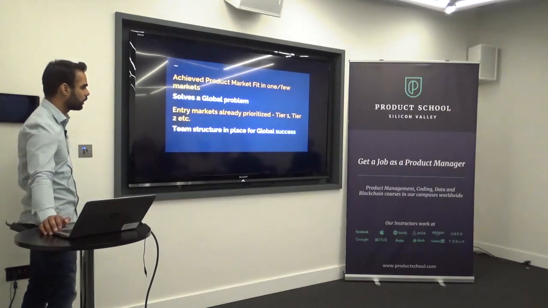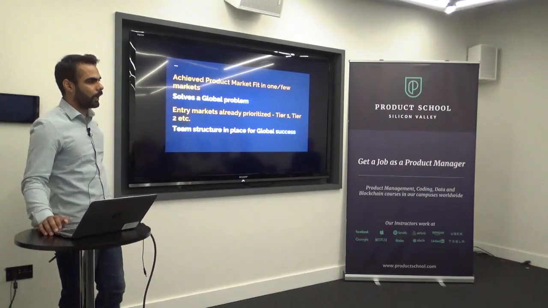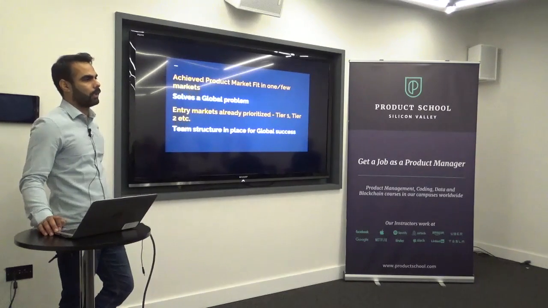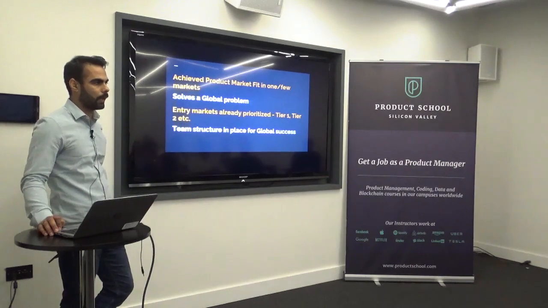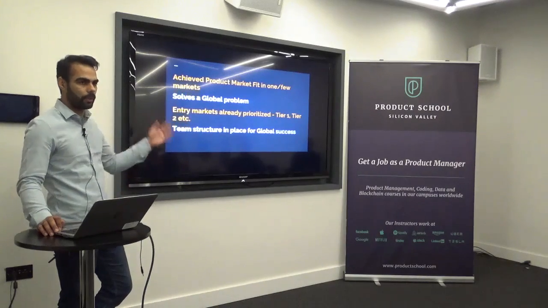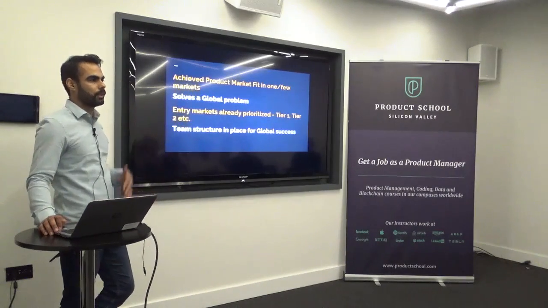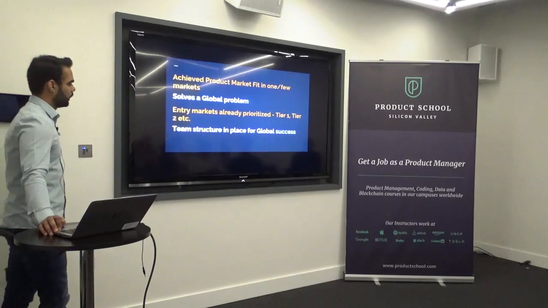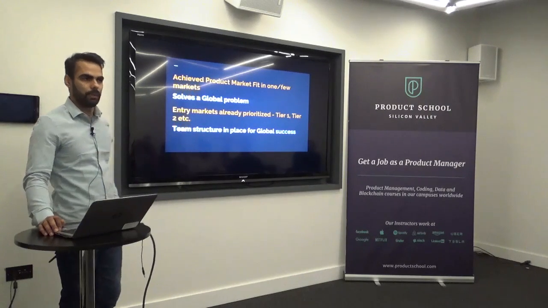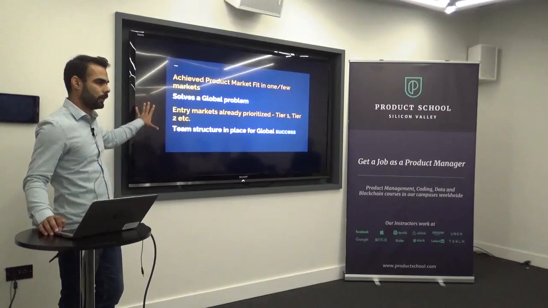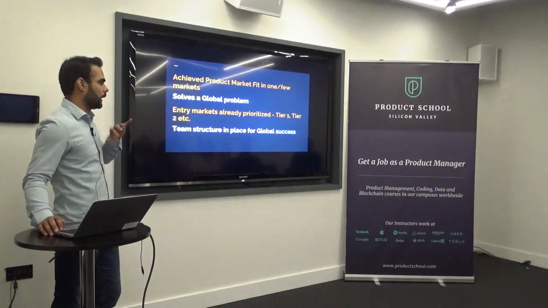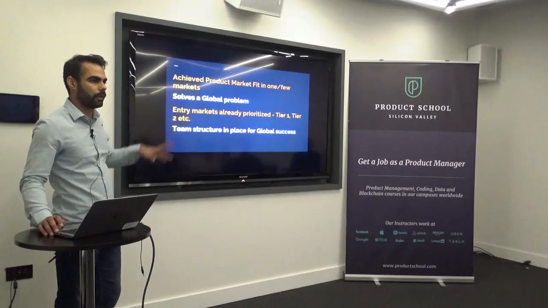You have figured out what are the markets you want to expand, what are the top markets out of that, what is the time frame you want to expand, et cetera, based on ROI, based on regulations, based on legal, and all those factors. And you have a team structure in place for global success. So we'll not talk about these things. We are making these assumptions, assuming that all of these are present. What would be our next step?